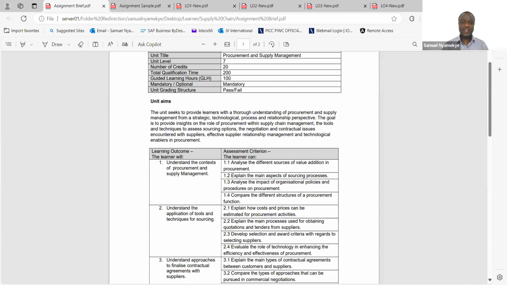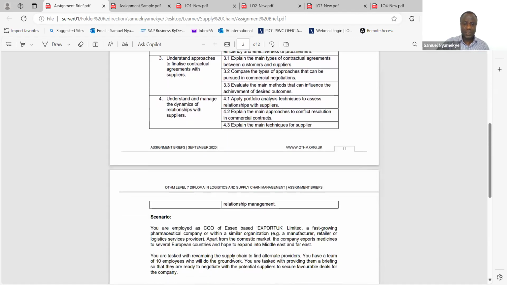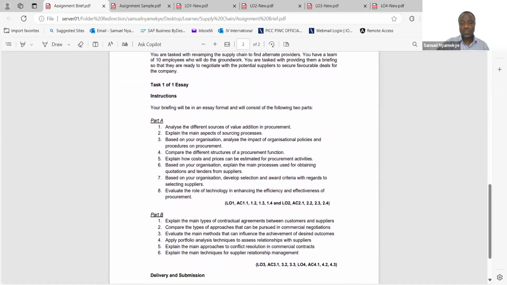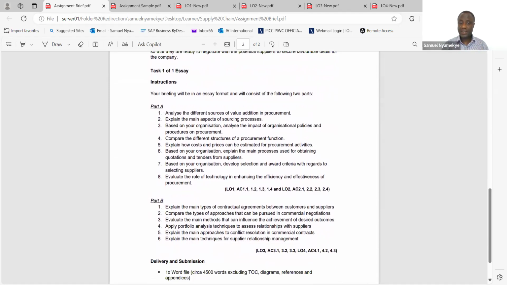So the body is where you are actually going to do your discussion, all the details that you need to talk about, the various sub headings that you have to talk about. And if you look at the assignment, the headings that you are supposed to cover have been enumerated. So you have 1, which is to analyze the different sources of value addition in procurement.